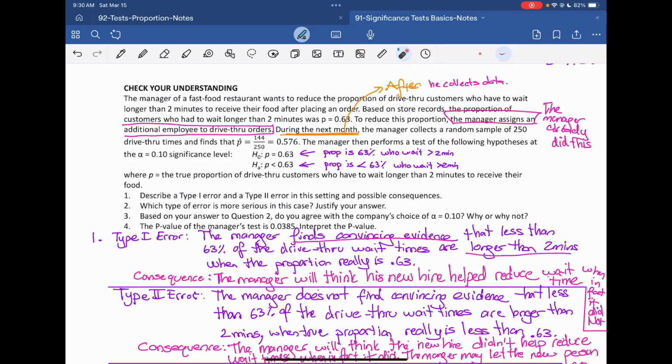We're just trying to see what is a type 1 versus a type 2 first. So the null is that the proportion of people who wait longer than 2 minutes is 63%, 0.63. And the alternative is that the proportion of people who wait more than 2 minutes is less than 63%. And it's after this employee was assigned for this particular job.